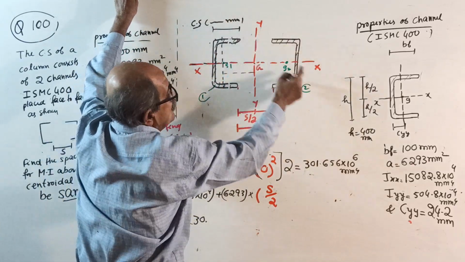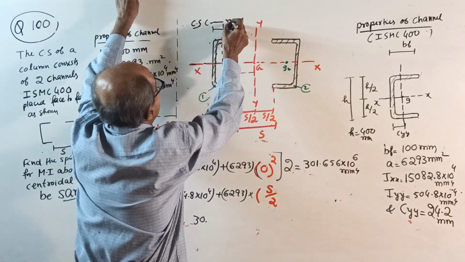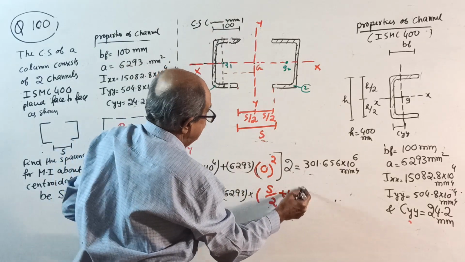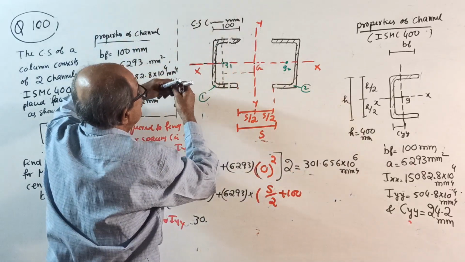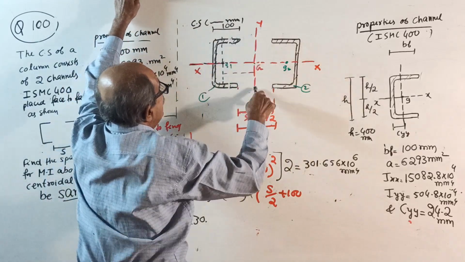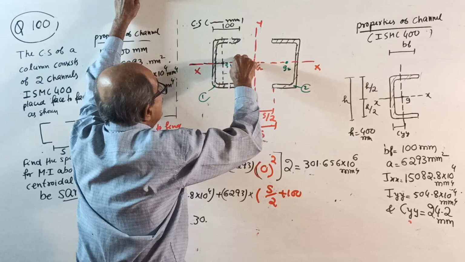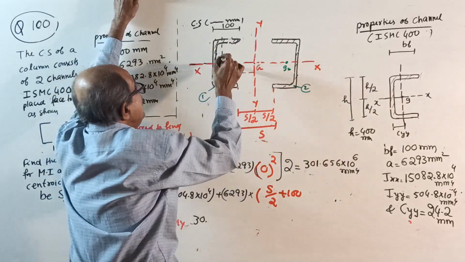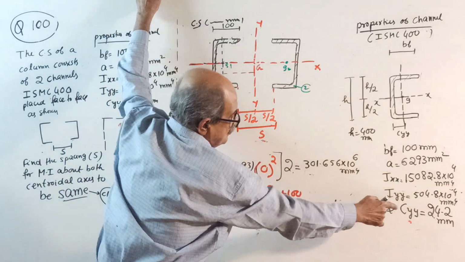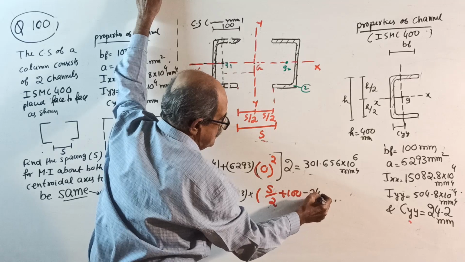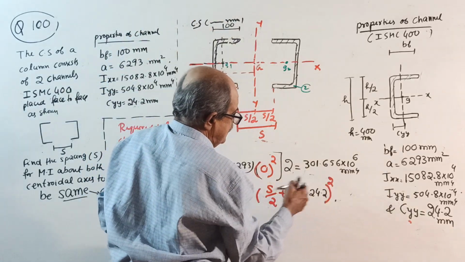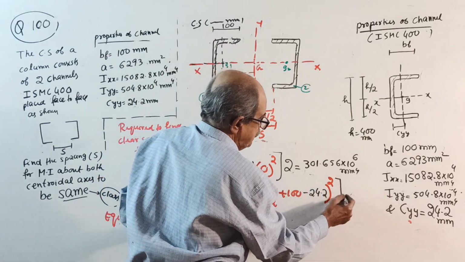This width of flange is 100 millimeter. S by 2 plus 100. We want from centroid G1 to YY, this distance square, that is S by 2 plus 100 minus 24.2, then whole square. That also multiply by 2.